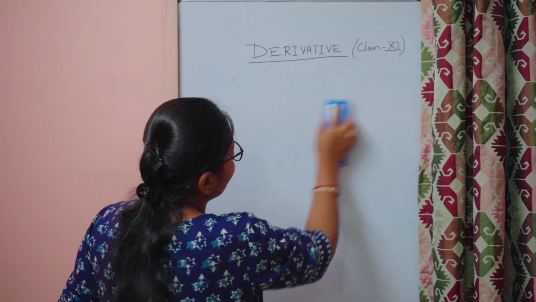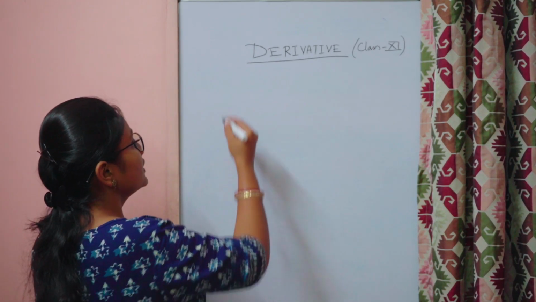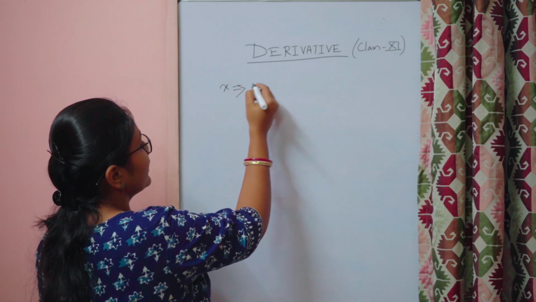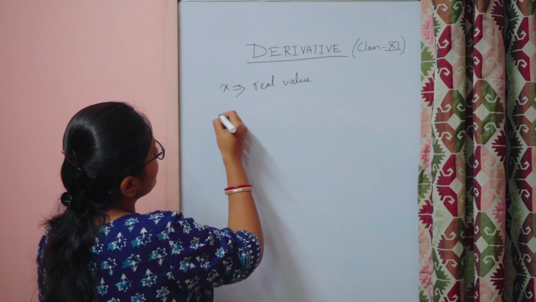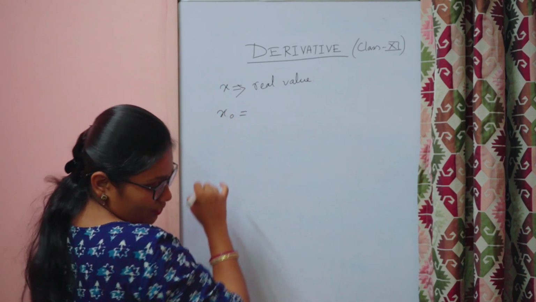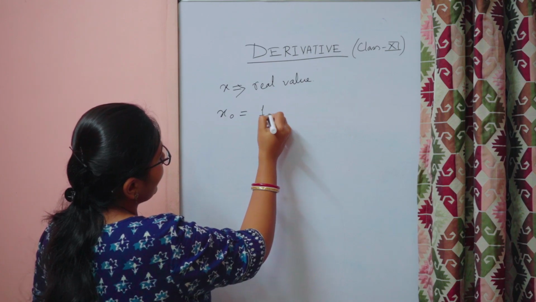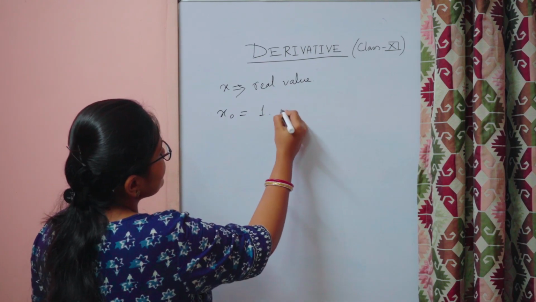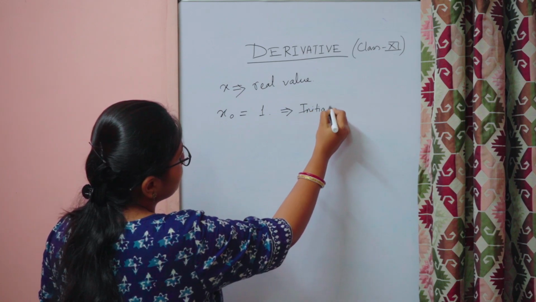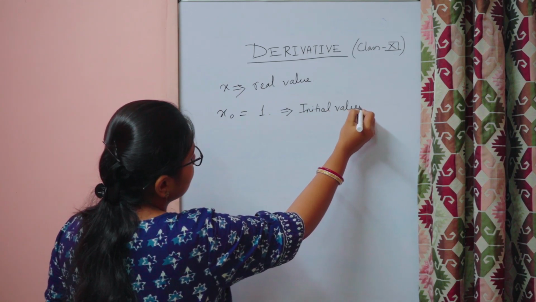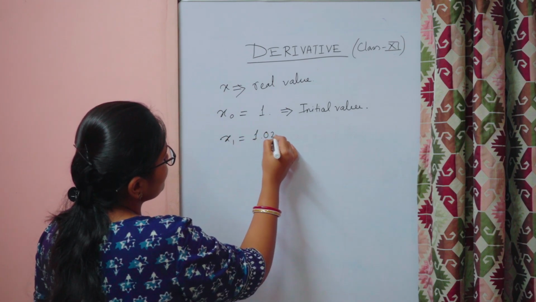Suppose the value of x0, this is your real value. Suppose the value of x0 is equal to 1. So this is called the initial value. And x1 is equal to 1.02.